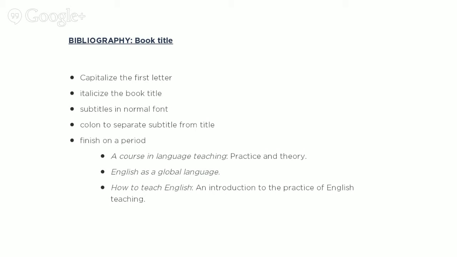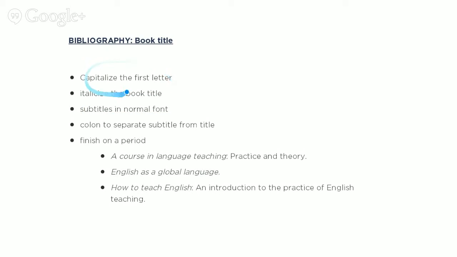So even if the book title has all capitals, or has lowercase and uppercase, or has italics, or has underlines, or whatever it might have, you have to strip it away, and you're going to capitalize the first letter, and you're going to italicize the title of the book. Okay? The subtitle, you're going to want to keep that in normal font.